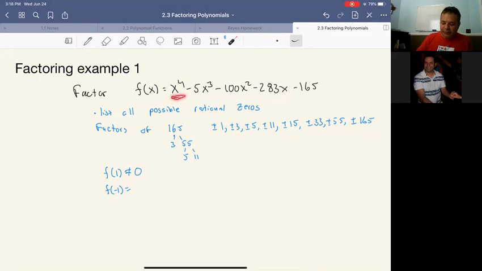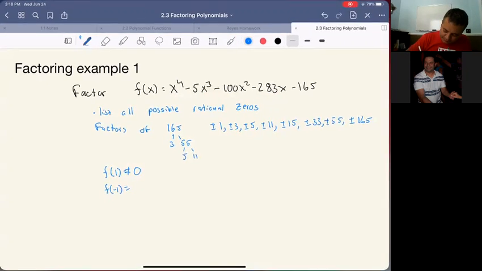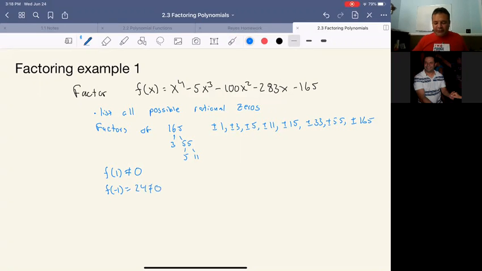So that's going to be 1 plus 5 is 6, minus 100 is negative 94, plus 283. I have to use my calculator on this one. So 1 plus 5 minus 100 plus 283 minus 165, that's 24, not 0. So 1 is out. Oh man, I hate when that happens.